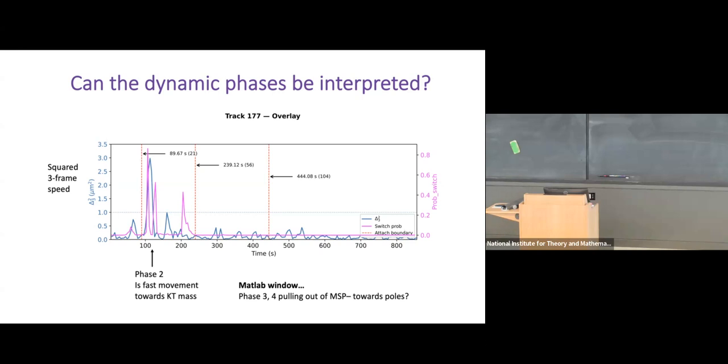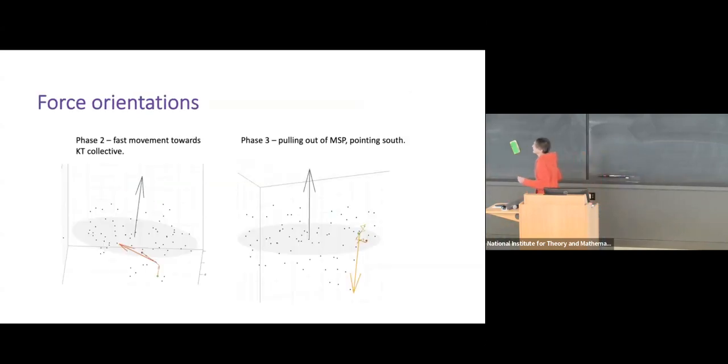And then you've got these other phases. What are those other phases? Well, this is phase 2, the fast movement. I thought Alex would like this: this is our orientation of the force during that phase, and it's directed inwards directly towards the mass of the kinetochores. It's not directed towards the spindle pole, it's directed towards the mass.